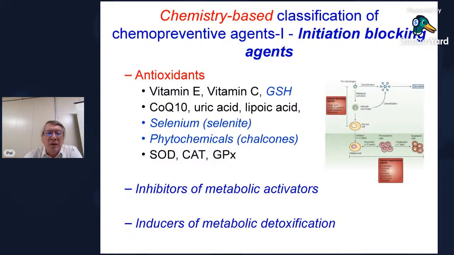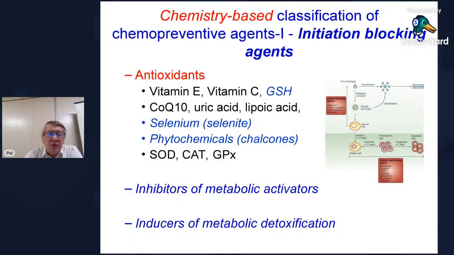Taking into consideration the chemical reactions and the chemical mechanisms of action of these compounds, we can distinguish three main groups, namely the antioxidants, inhibitors of metabolic activators, or inducers of metabolic detoxification pathways. Let's start with the antioxidants.